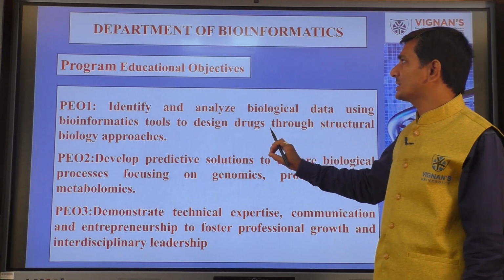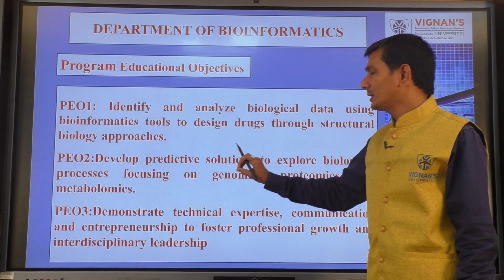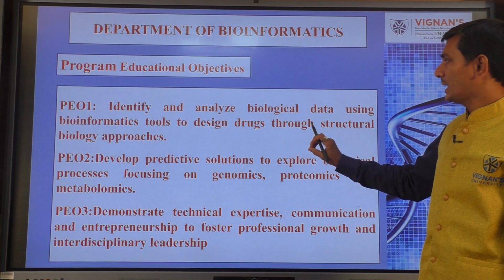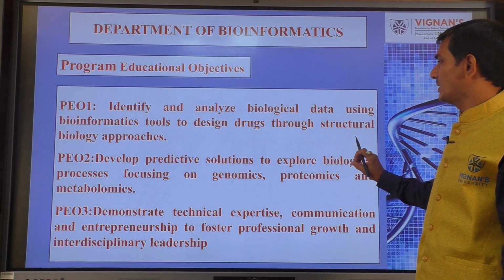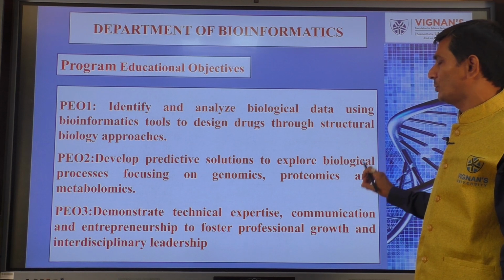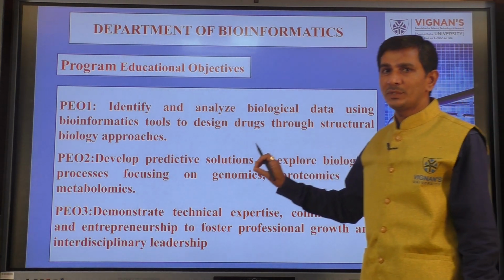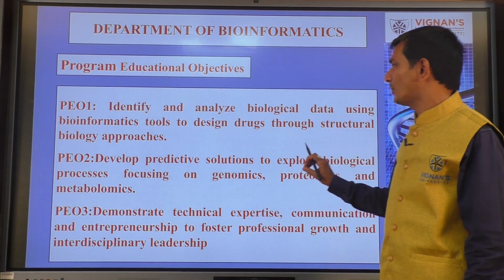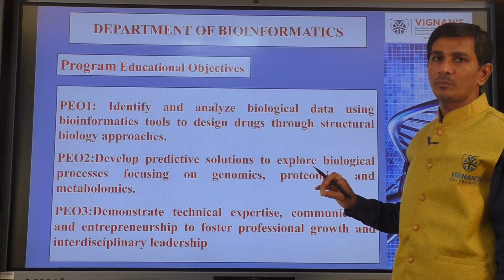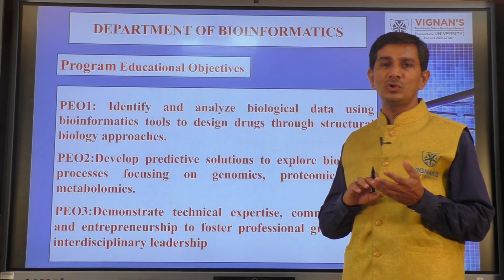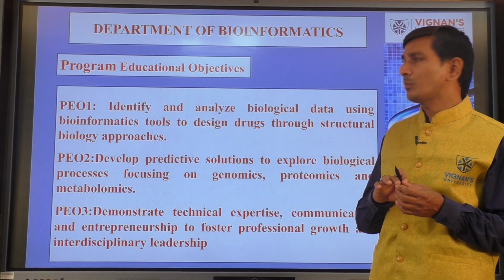Program educational objective 2 is as follows: develop predictive solutions to explore biological processes focusing on genomics, proteomics and metabolomics. So PEO 2 mainly focuses on developing solutions to explore biological processes, focusing mainly on genomics, proteomics and then metabolomics.